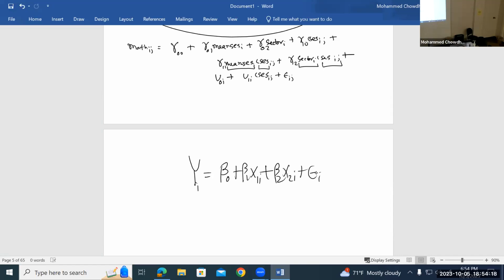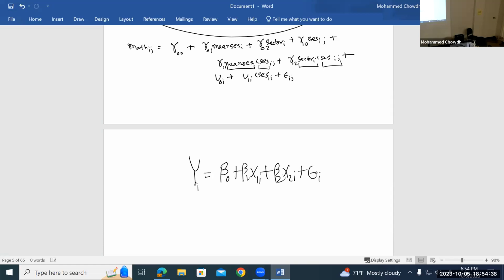In this model, what part of the linearity exists? Where does linearity exist in this model? The X1i and the X2i? No.